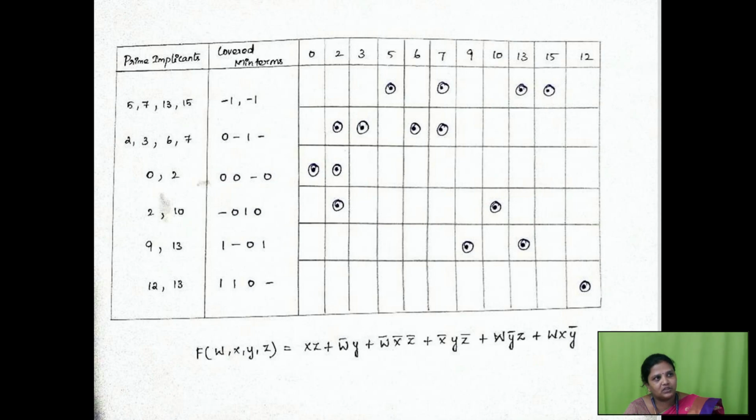Here we have to check in which column we have a single dot. In the 0th column we have a single dot, so we have to make a circle for the 0, 2 row fully. Likewise, we have to check another column. If you go with the third minterm column, we have only one single dot.